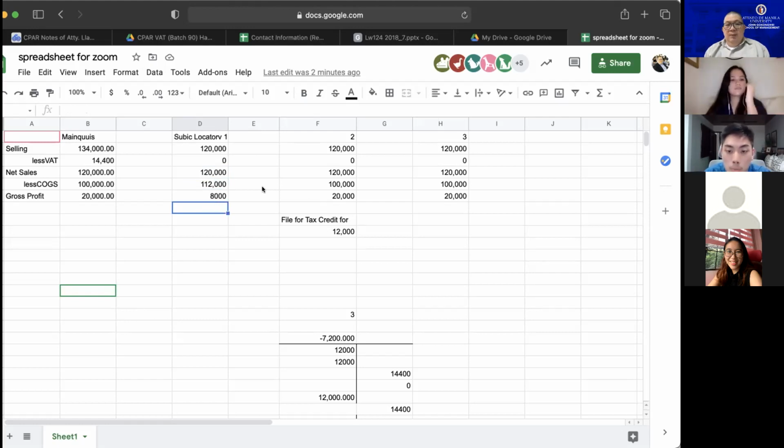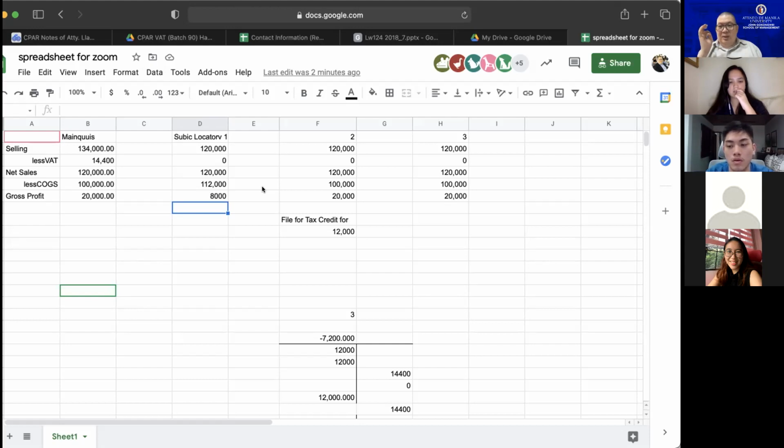Okay? But the effect is, if you are selling to a locator, SBMA, Clark, PEZA, okay? ADB, Asian Development Bank, IRRI, International Rice Research Institute.